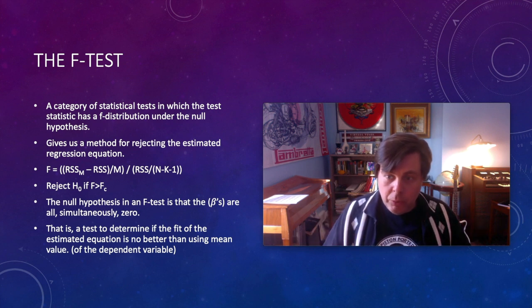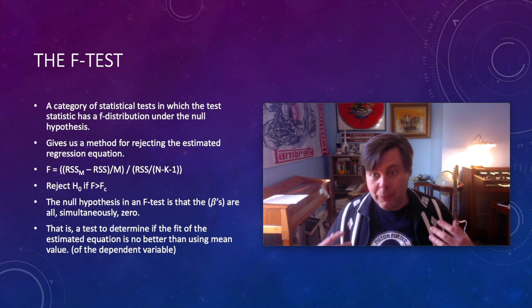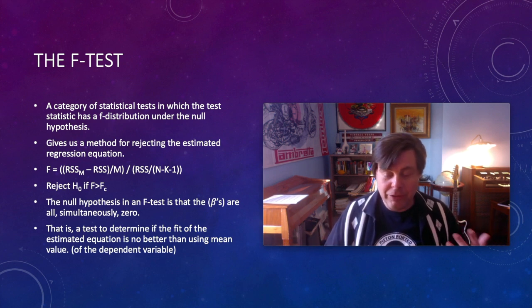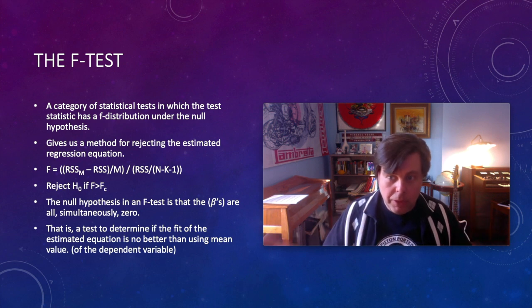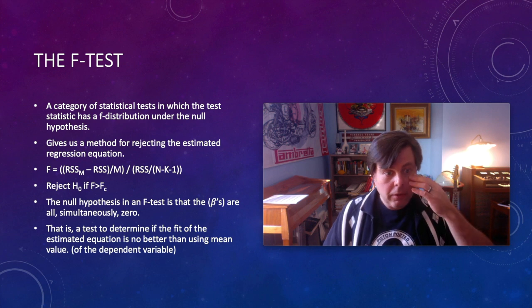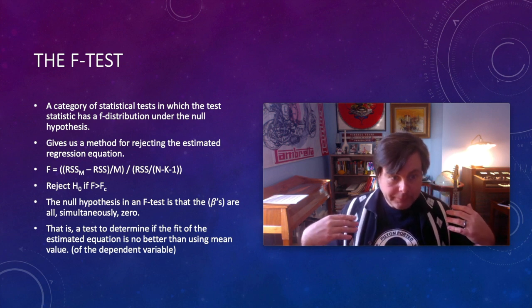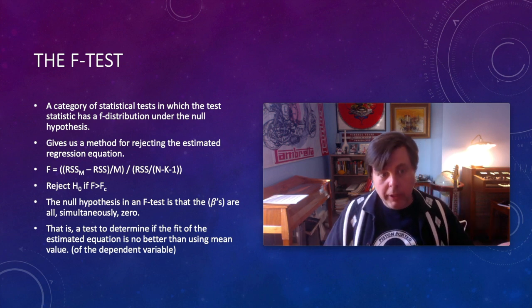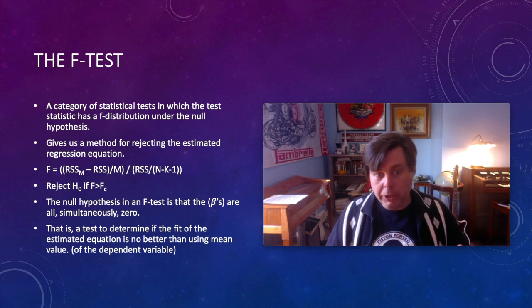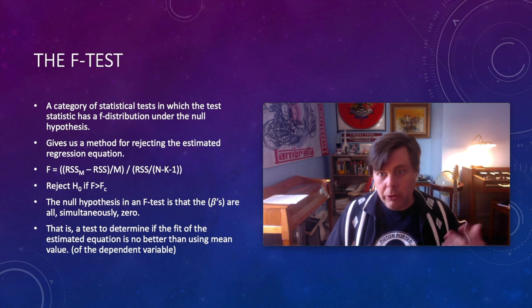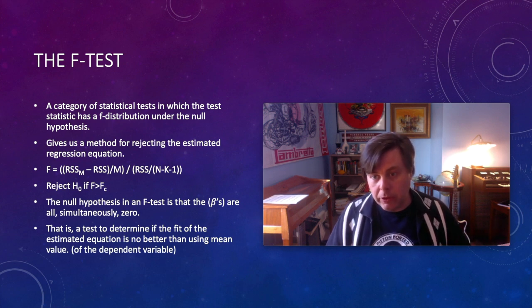A very plain way of saying this is that our entire hypothesized relationship, our alternative hypothesis about what we think these relationships are, is wrong. Put another way, this is a test to determine if the fit of our estimated equation is no better than using the mean value of the dependent variable.